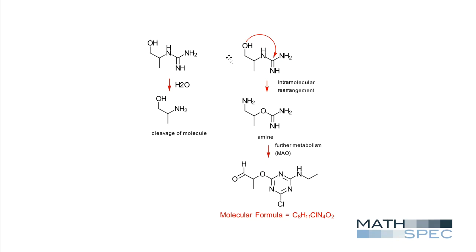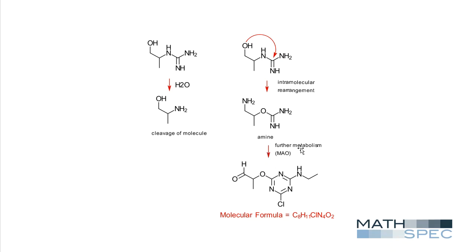On the other hand, about the only way that I can see that we could keep the side chain on the molecule and change to an oxygen would be to do a cyclization. And so now we do have the oxygen connected to the ring system, but now we have an amine instead of an alcohol out here.